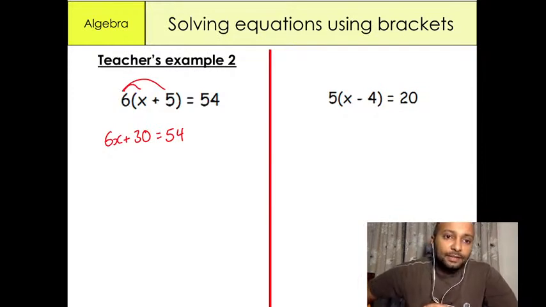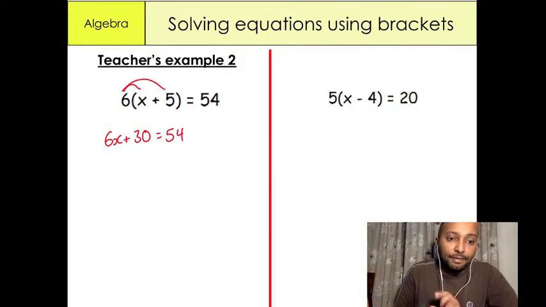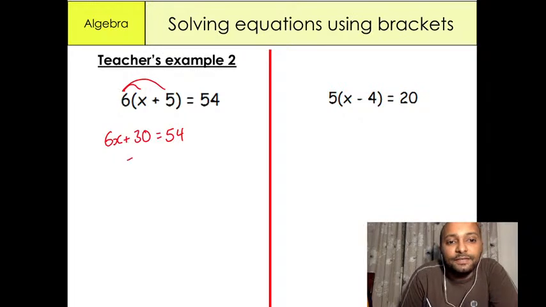Now, again, to undo the equation, what we need to do is subtract 30 from both sides. So minus 30 from here and minus 30 from here. We have 6x is equal to 24.